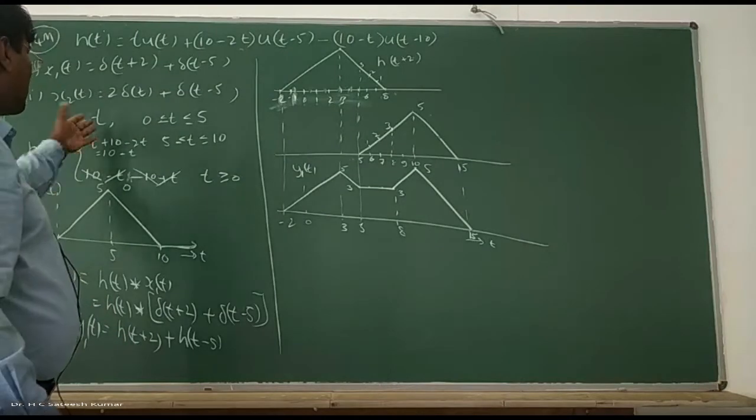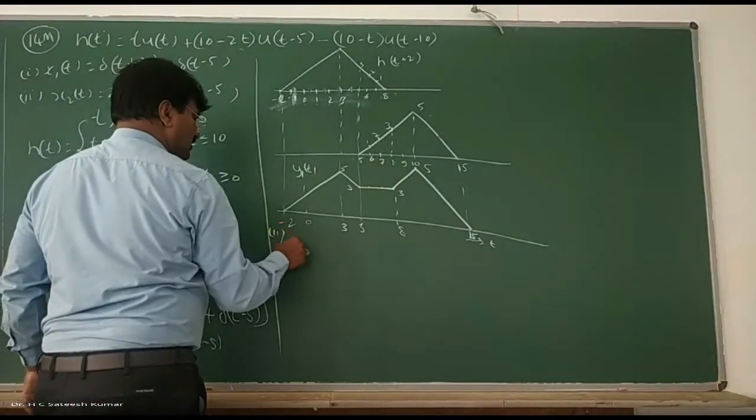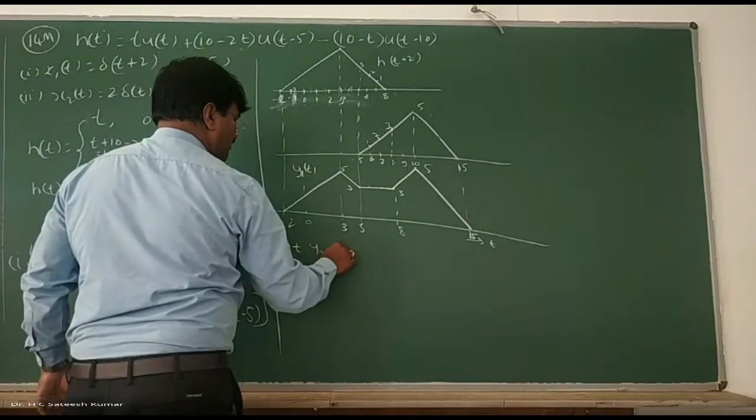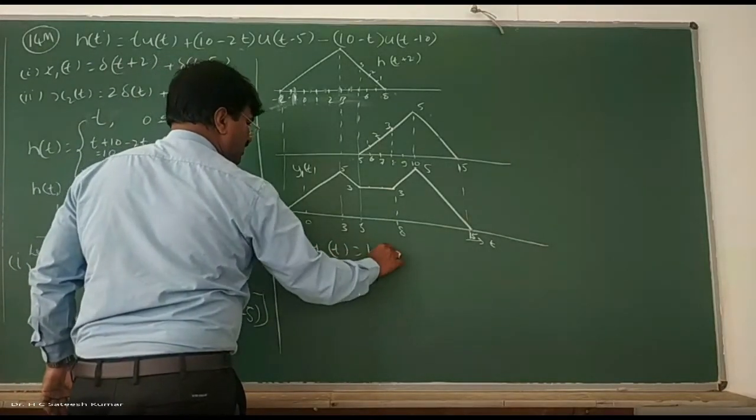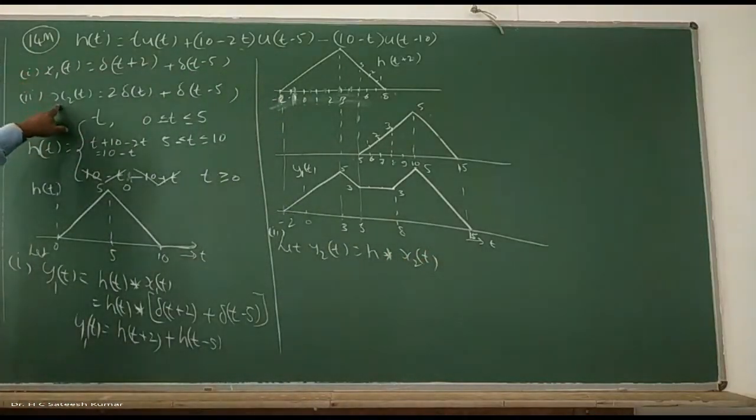And one more part, second part, x2 of t. Let us call the second part y2 of t, equal to h of t convolution with x2 of t. That means he is asking us to find the output for each of the inputs. For this input we got the output.